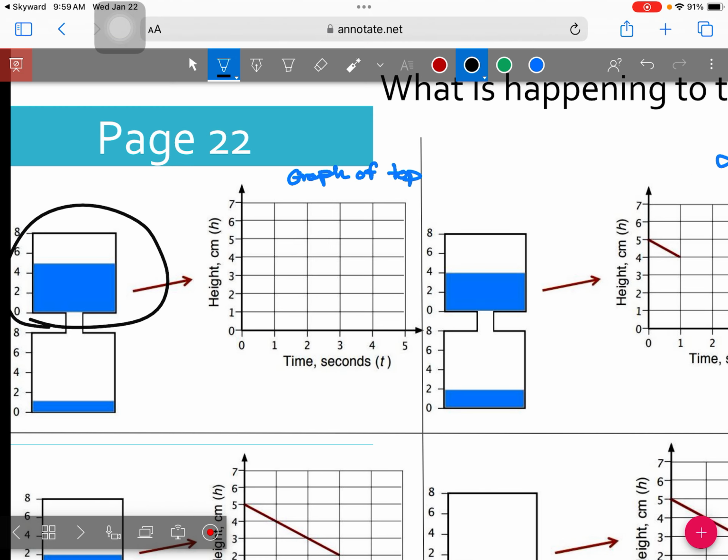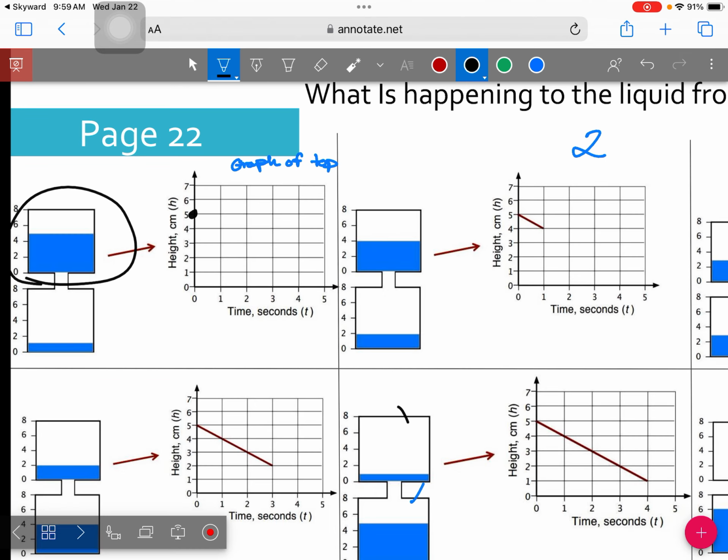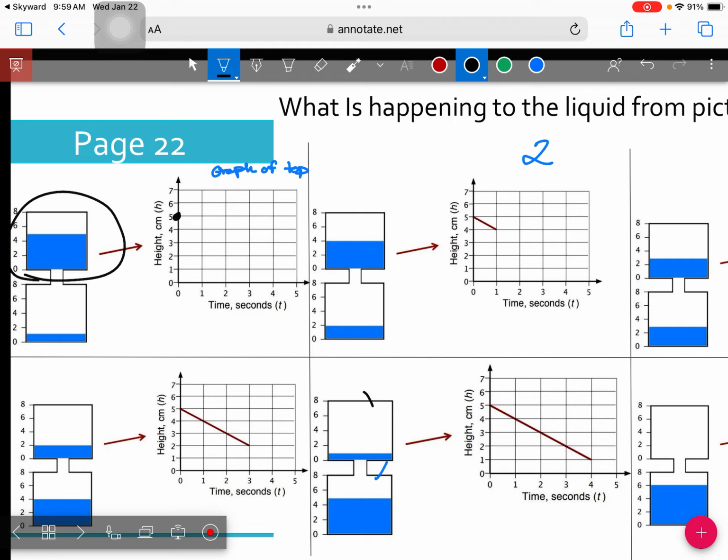So where do you think my graph is going to start if that is my very first picture? 5. Yes. So at time 0, we are starting at 5. Okay? All right. No time has elapsed from that first picture.